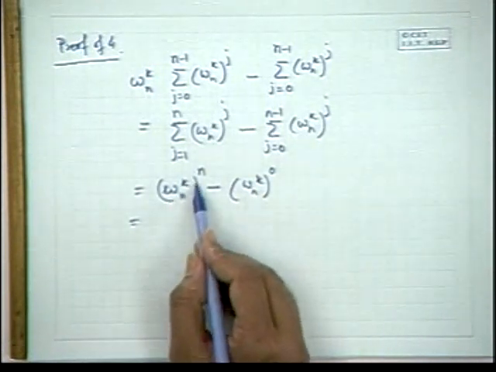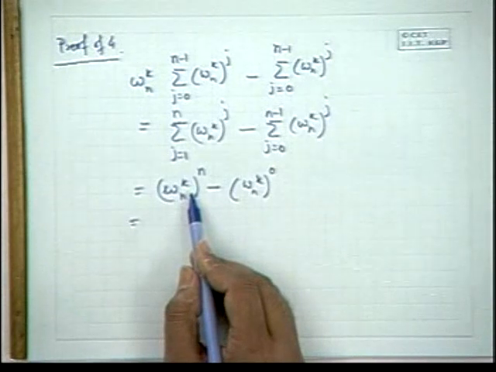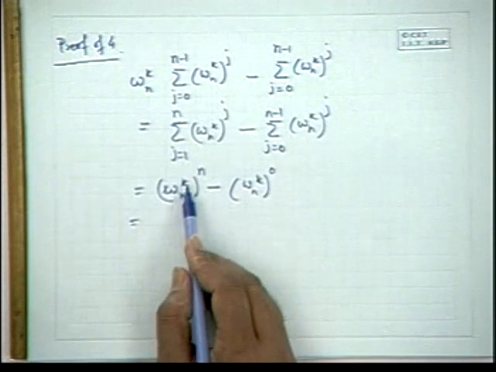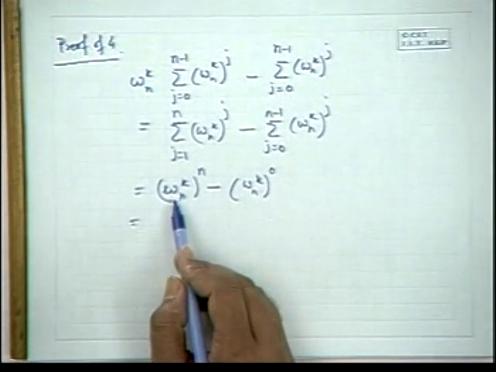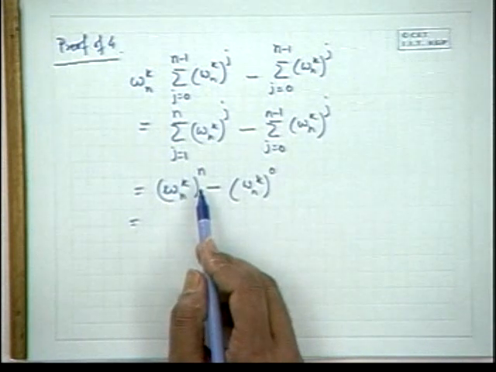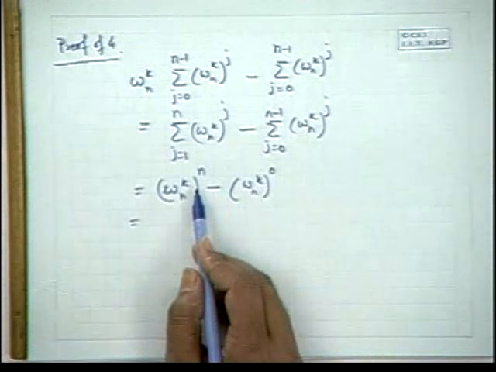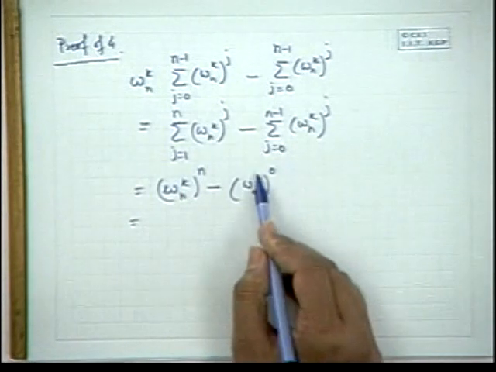Now W n k n is nothing but 1. You can verify it, because the n will cancel out, ultimately it will be e to the power twice pi k, where k is greater than or equal to 1, that is nothing but 1. So this will be 1 and this is also 1, so this will be 0.